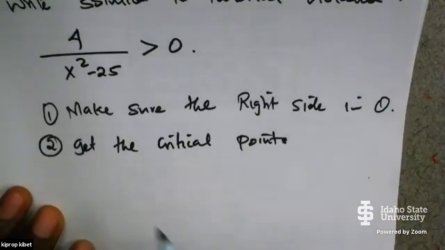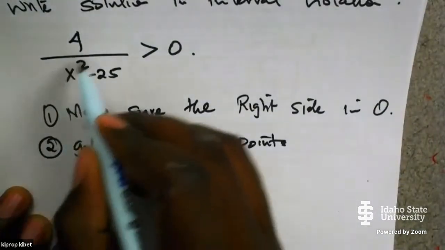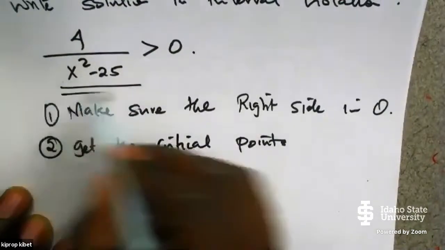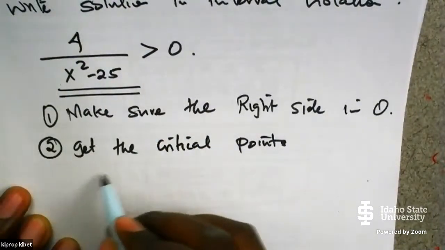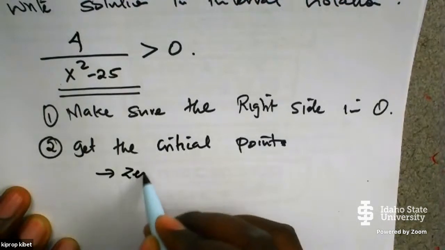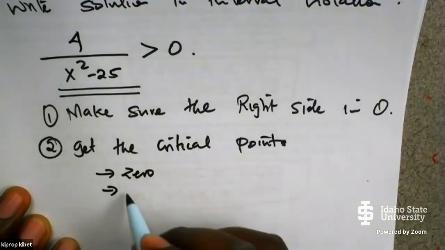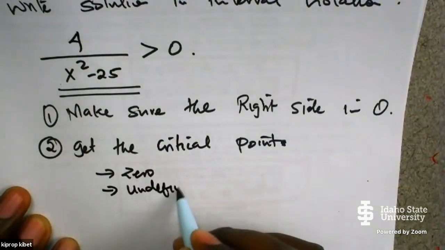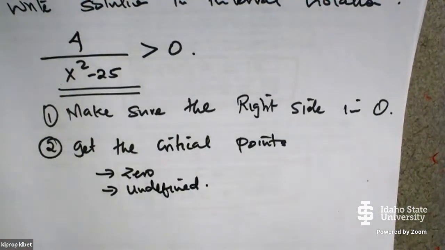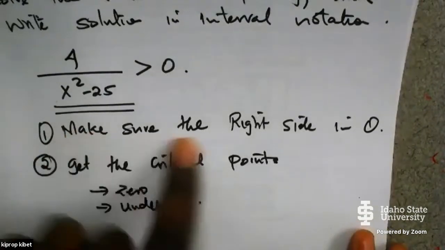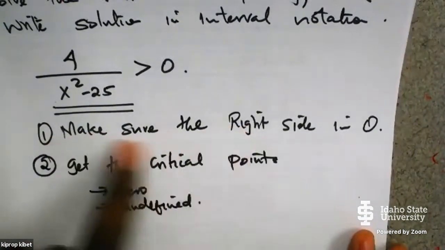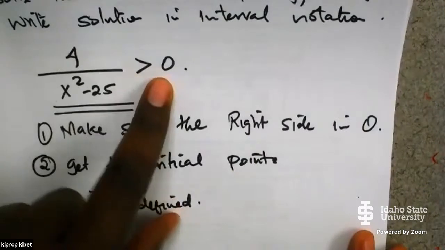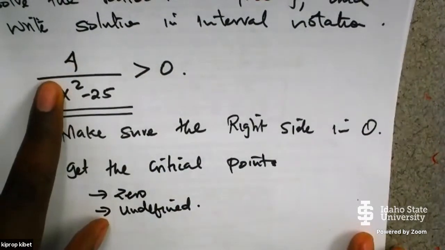The point where, let's say this one, the point where it is 0 or undefined. So from the first step, we have brought all the values to this side, okay?